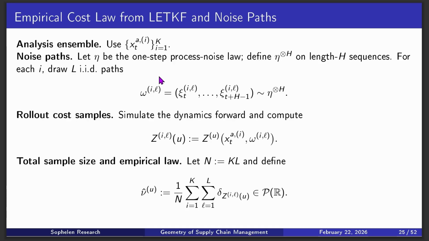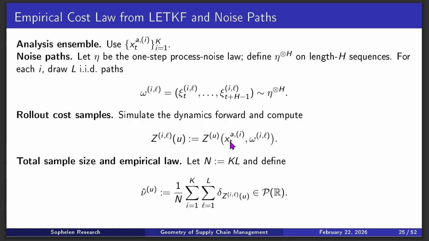Now, to be more robust, we need more samples. So what we do is we have a sequence of length n, noise paths. These are the things that contribute to the uncertainty in our pipeline. So you would draw L of them, or however many you want, and then basically each ensemble is a scenario.